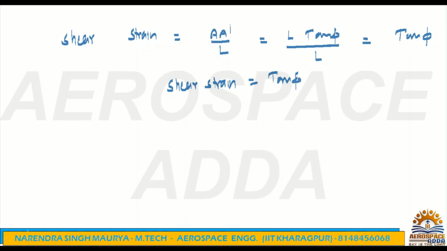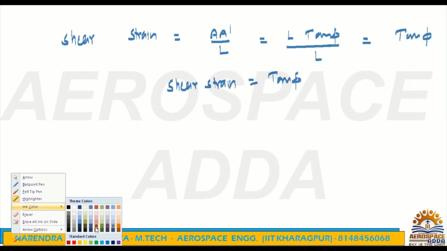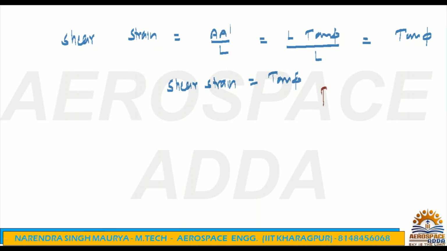For a small angle, tan phi you can write as phi approximately, right? So your shear strain is phi.